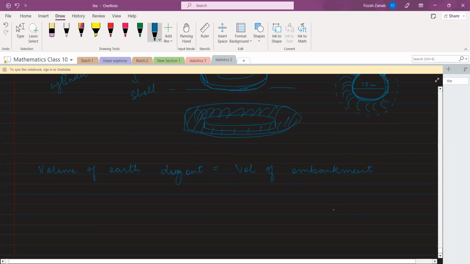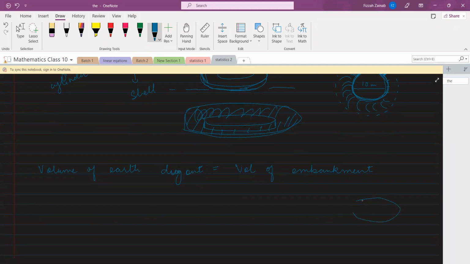Yeah, ma'am. Okay. So if I again draw a figure, this is your well whose diameter is 10 meter. And then you have an embankment whose width is 5 meter. So obviously your outer radius from here to here, or you can say your outer diameter will be 10 plus 5 plus 5, isn't it? 5 this side and 5 this side.